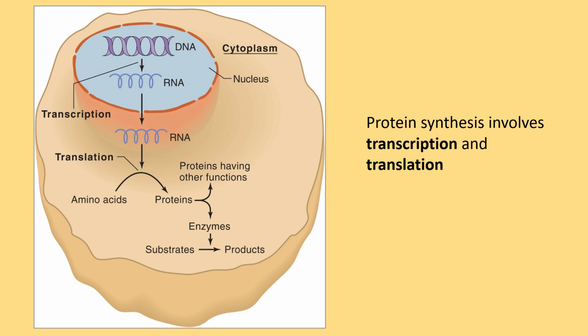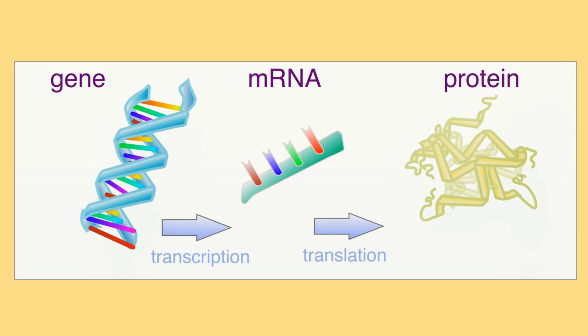So to sum up this slide, the two processes that are involved in protein synthesis are step 1, transcription, and that occurs in the nucleus. Step 2, translation, and that occurs in the cytosol. Here's that flow of information.